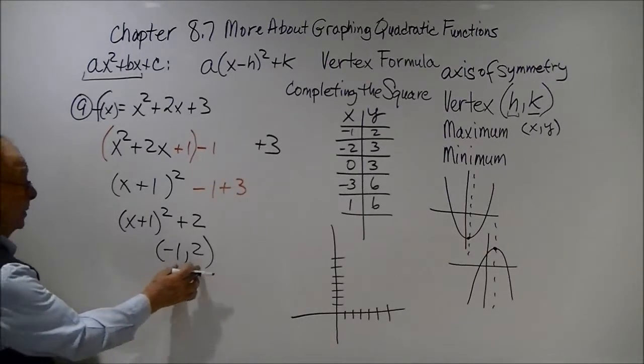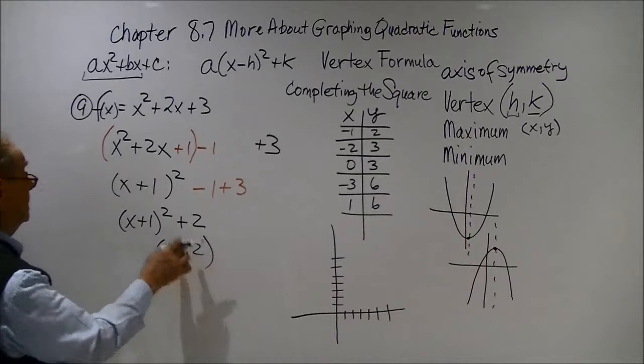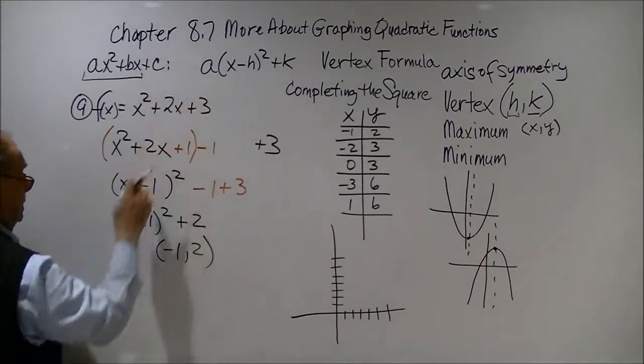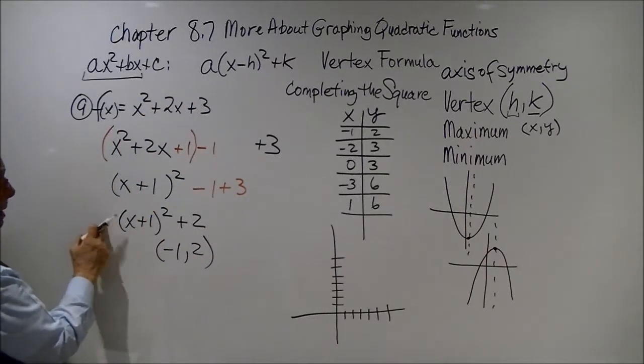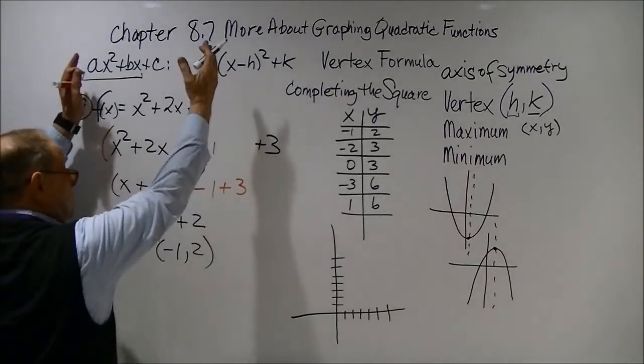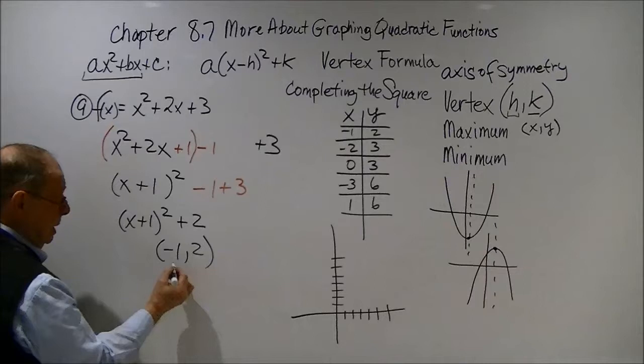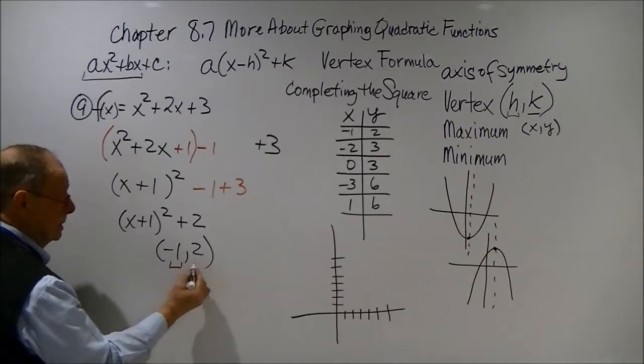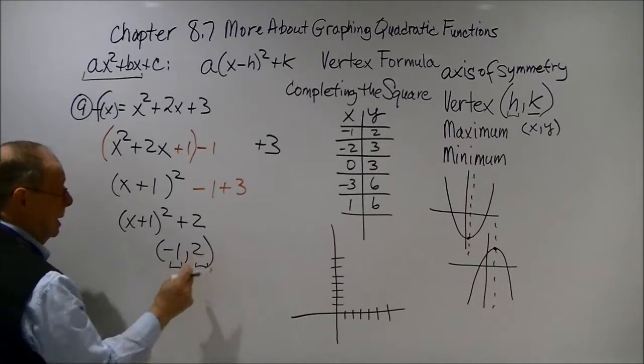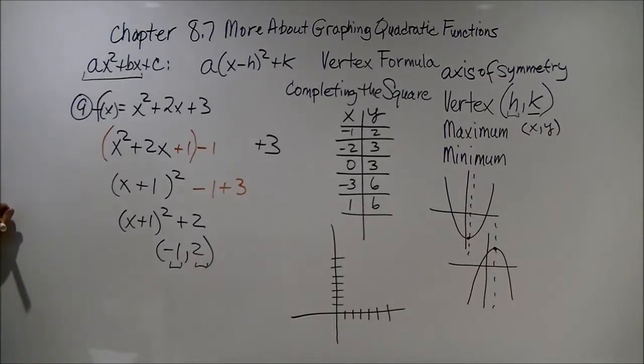This is our vertex. And since A up here is positive, this will open upward, and this will be our minimum. Our axis of symmetry is this, and our k is our minimum.